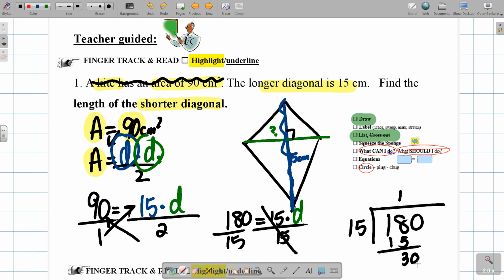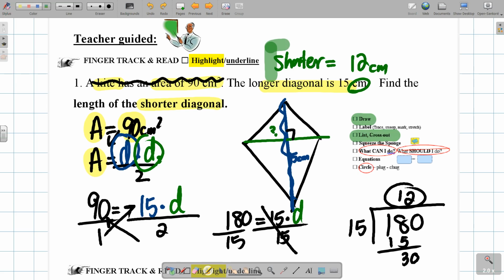Get your hands off those calculators. My shorter diagonal is 12, check for units, cm. Equations have two sides with an equal sign. Then you very carefully circle, plug, chug.